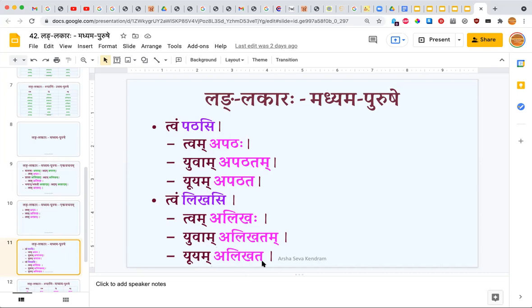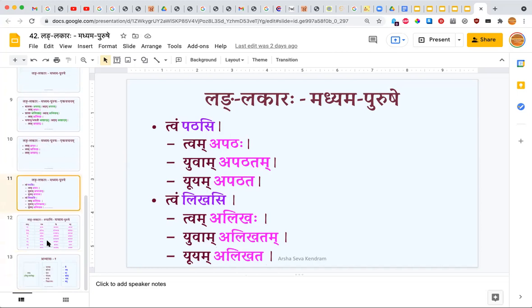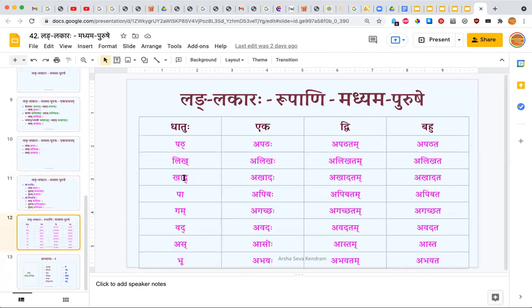Yuyam alikhata, you all wrote. So for the pat dhatu, apathaha, apathatam, apathata, alikhaha, alikhatam, alikhata, akhadaha, akhadatam, akhadata, and so on.